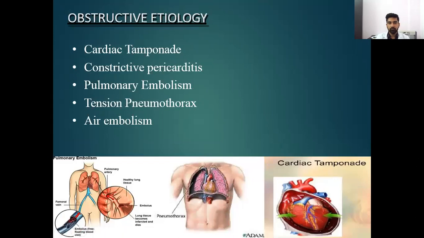Obstructive shock: cardiac tamponade, constrictive pericarditis, pulmonary embolism, tension pneumothorax, air embolism, in which obstruction occurs. In pulmonary embolism, an embolus goes and obstructs the major blood vessels of the heart and causes increased demand and reduced supply, which leads to shock. In the same way, cardiac tamponade, constrictive pericarditis, tension pneumothorax and air embolism. These conditions should be handled with utmost care.